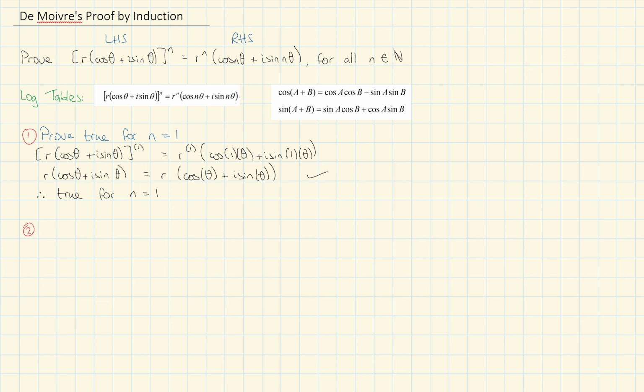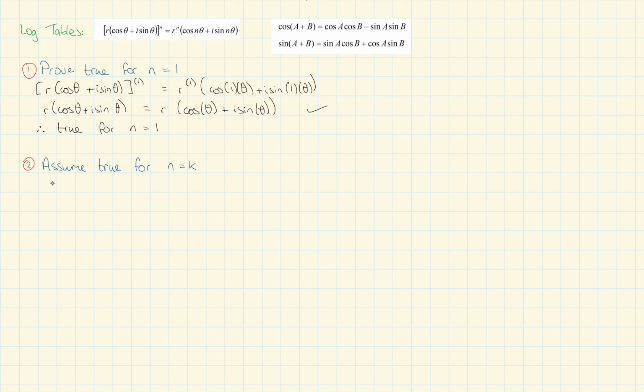Step 2 now. We're going to assume true for n equals k. So for this step here, it's just going to be some substitution. And we get r cos theta plus i sin theta to the power of k will equal r to the power of k on cos k by theta plus i sin, and same again, k by theta.